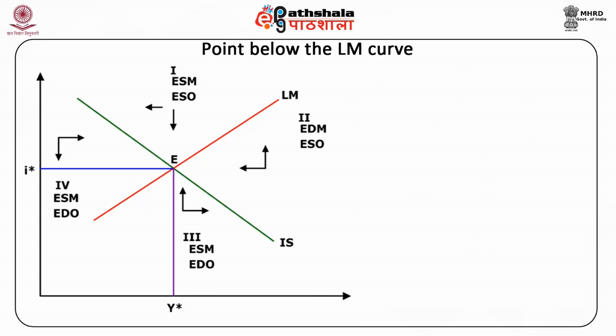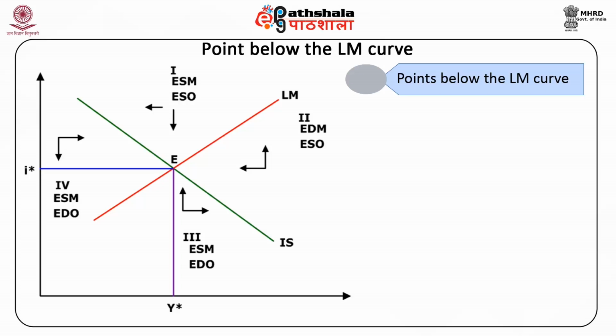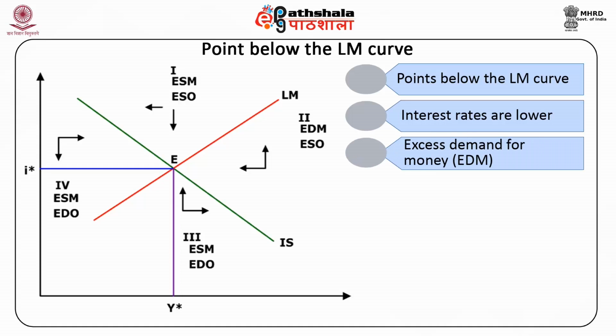Similarly, at all points that lie below the LM curve, the interest rates are lower than what is required for money market equilibrium. At such a low interest rate, demand for money would be much higher than its supply, resulting in excess demand for money (EDM).